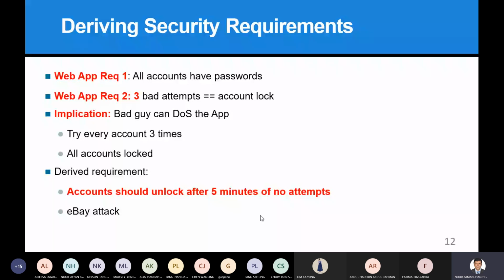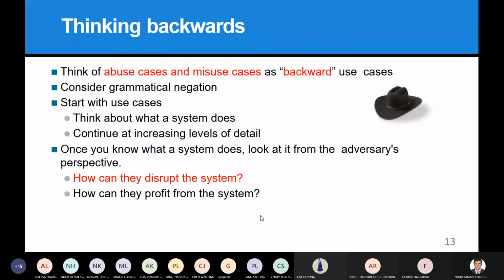So the mechanism is, for example, if a user tries more than 5 times or more than 3 times, which we can set with the help of our code, then the system will stop access for that particular user for some minutes, some hours, or some days. This is one of the derived requirements, and it is already implemented in most software. So I hope from this example you understand more clearly about driving security requirements.